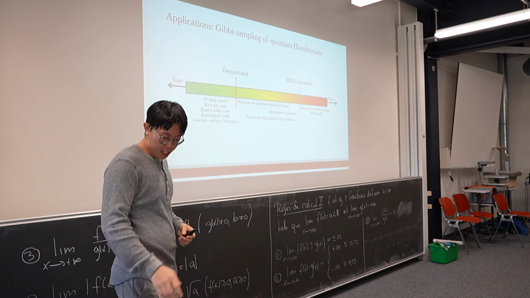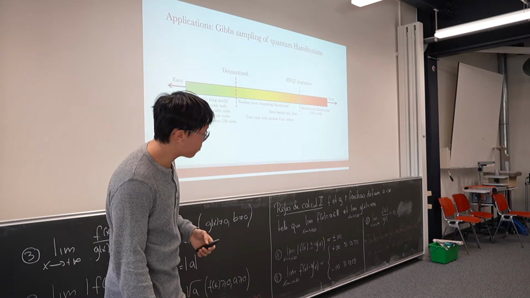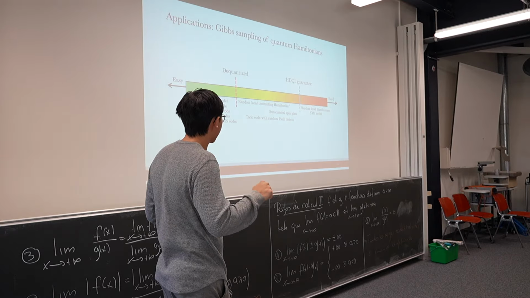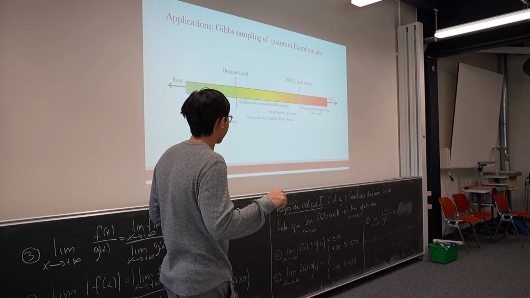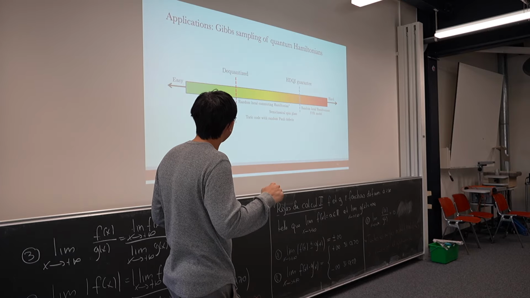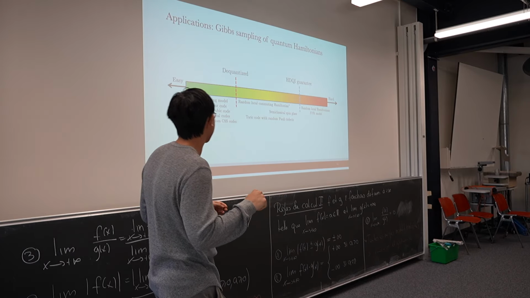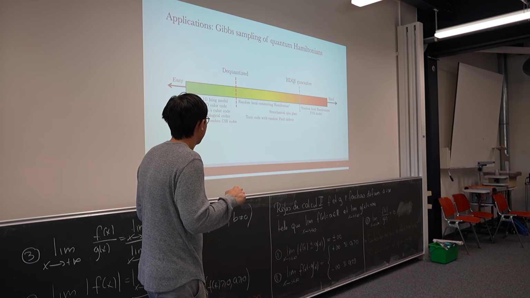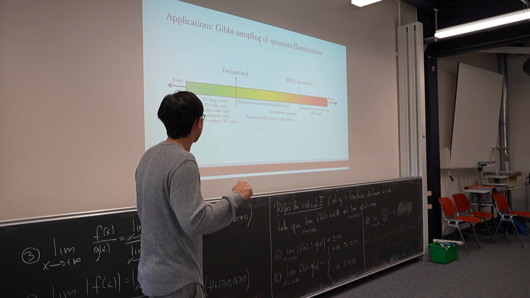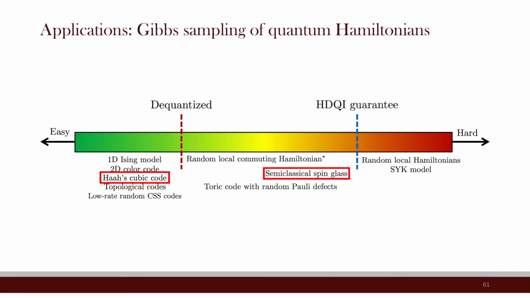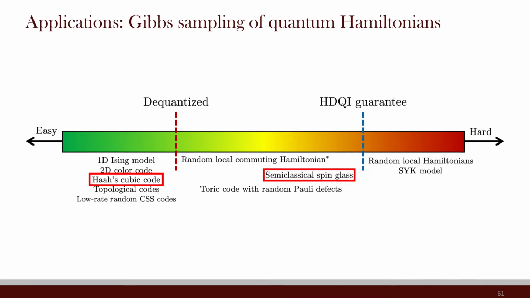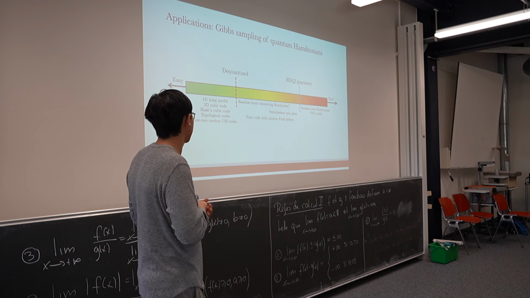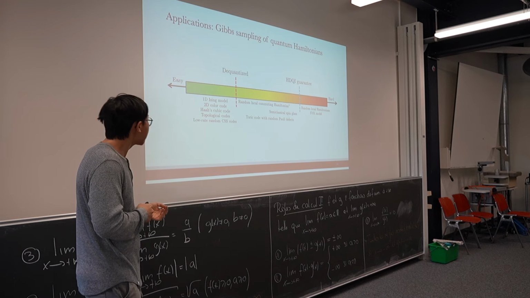So just a quick note, as promised, on applications before I finish up. We here have a spectrum of things that we can solve and things that we can't solve, and also some things that we figured out how to dequantize. I'm not going to get into that in this talk, but roughly speaking, in the commuting case, we can provably prepare, let's say, Gibbs states at arbitrary temperature for a large class of Hamiltonians, which have a lot of relations to quantum error correction.